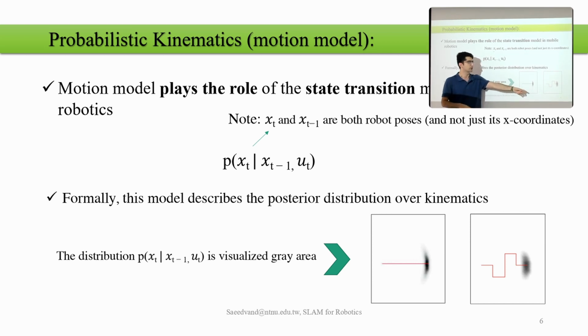This is not limited to a straight line. The robot can run any trajectory on the path, and also different paths. Then again we can have the posterior distribution over kinematics, or similarly the same probability distribution.